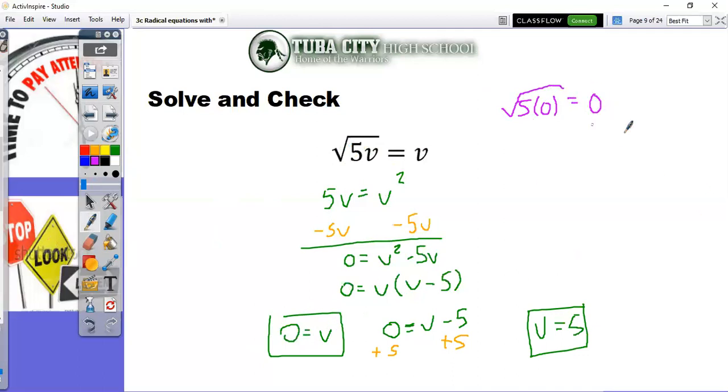So again, both v's are 0 now. 5 times 0 is 0, and the square root of 0 would still be 0. So in this case, this is a solution. That one does work out for us.